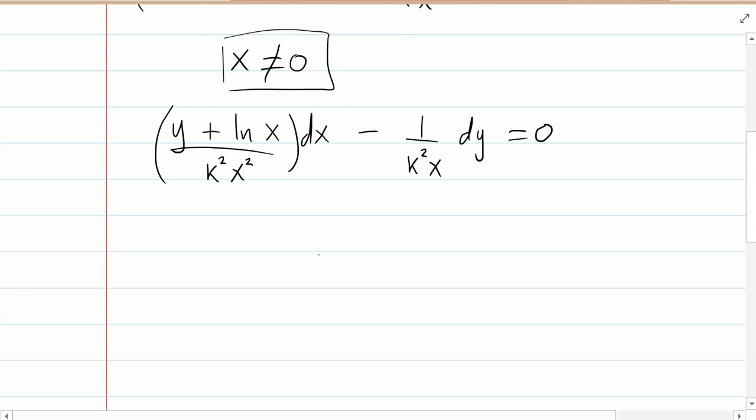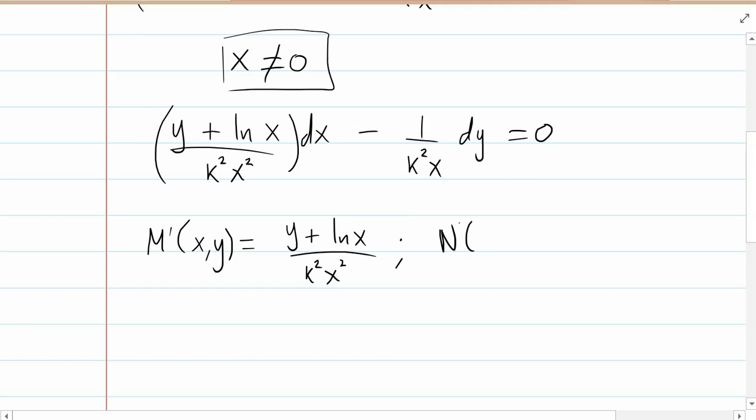So I have a new function M prime, which is (y + ln x) over k squared x squared, and I also have a new function N prime that is equal to -1 over k squared x.